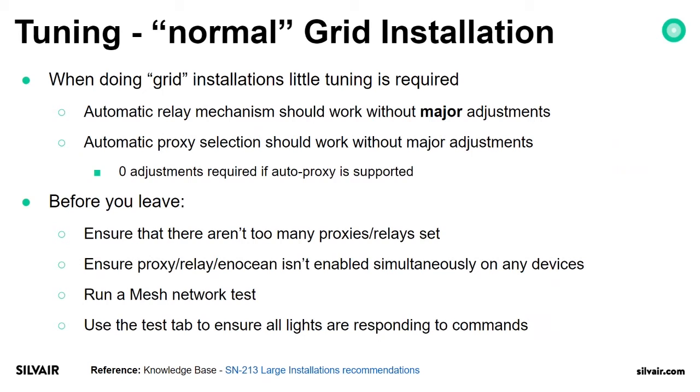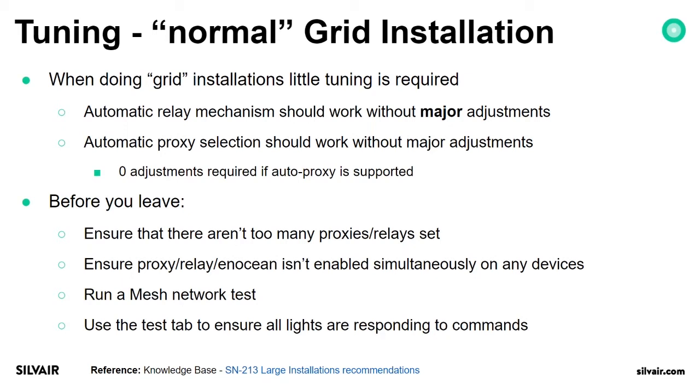Let's talk about normal grid installations. When doing grid installations, little tuning is required. Automatic relay mechanism should work without major adjustments. Automatic proxy selection should work without major adjustments. And if the project supports auto proxy, it's very easy to finalize such a project.